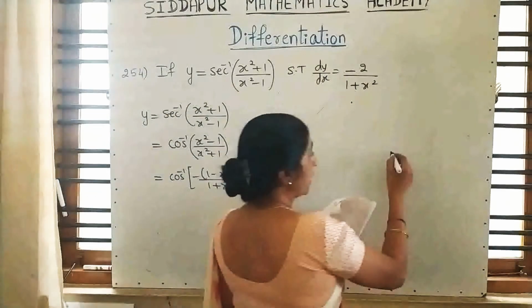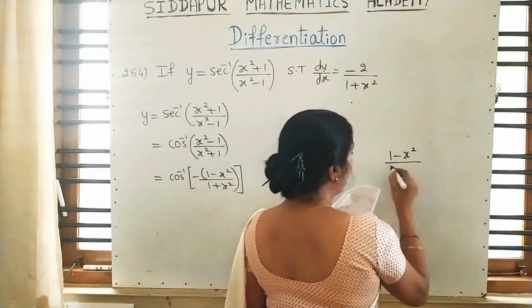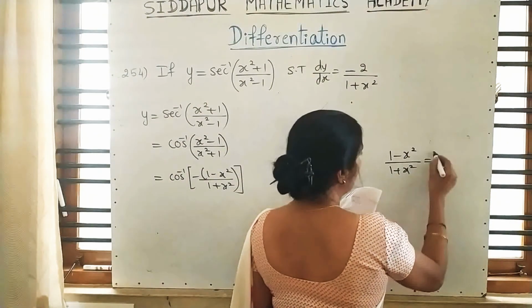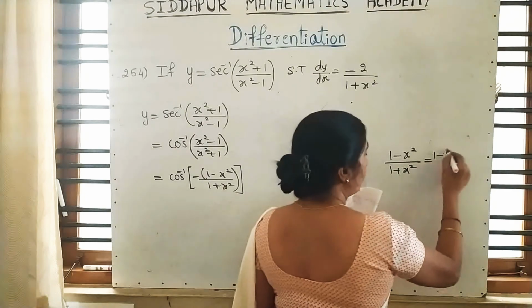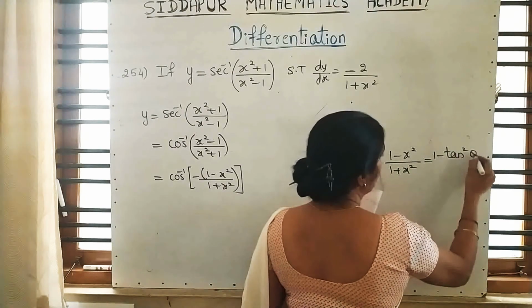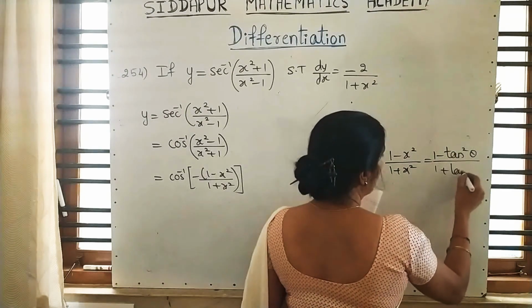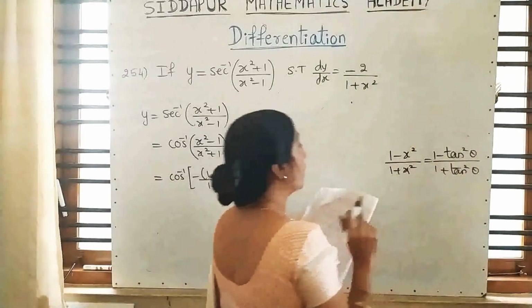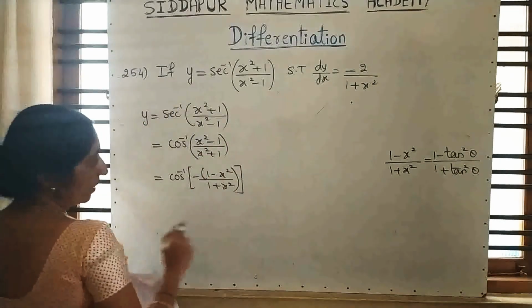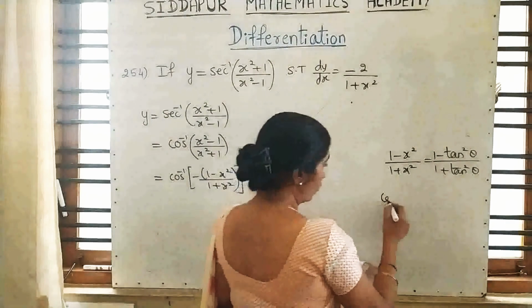Because we are familiar with this formula. If it is 1 minus x square upon 1 plus x square, and in place of x if you write tan theta, you will get the formula. That's why I took minus outside, and already we are familiar with inverse trigonometry.